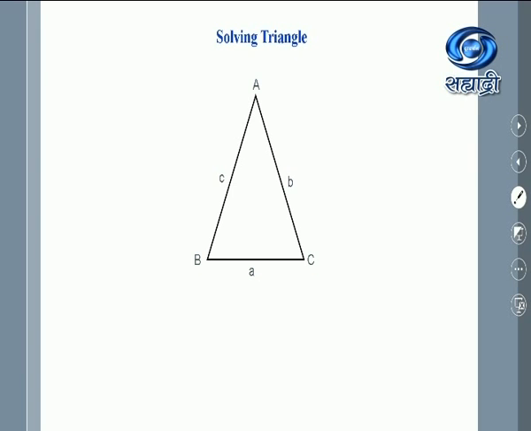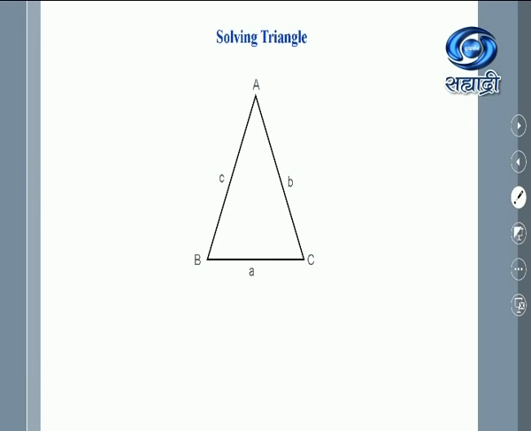These are called the usual notations. The three sides and the three angles are called parts or elements of the triangle.